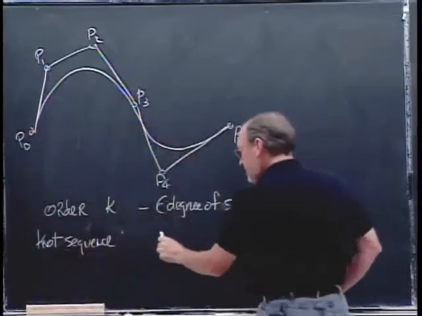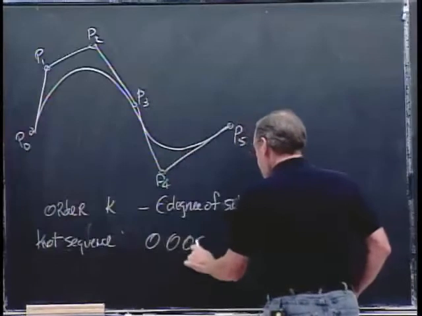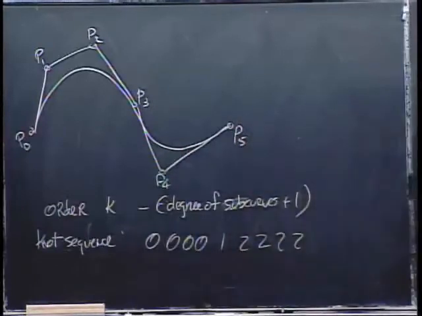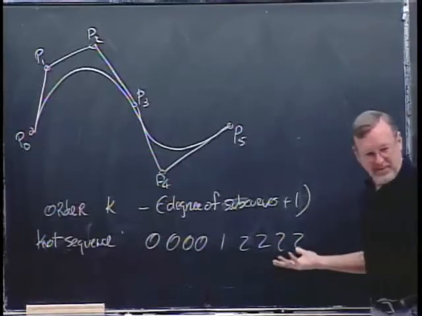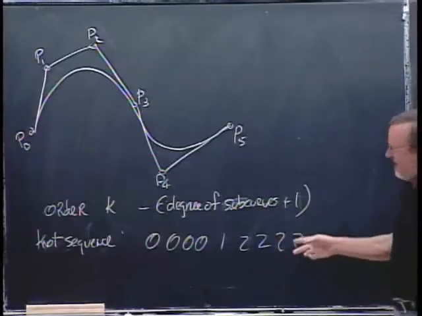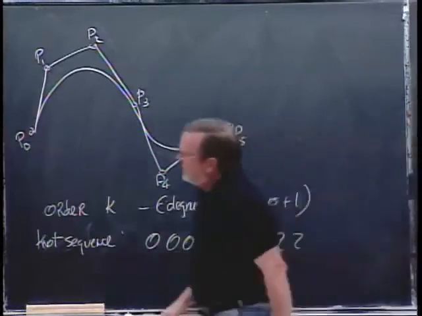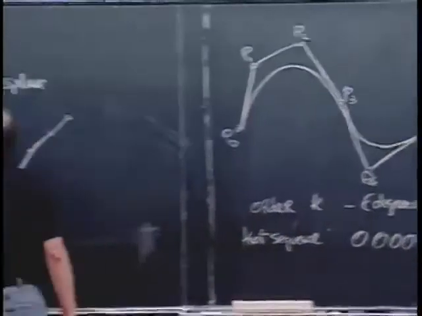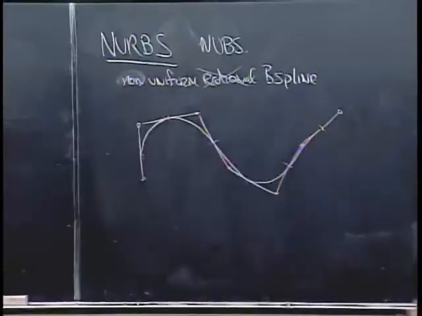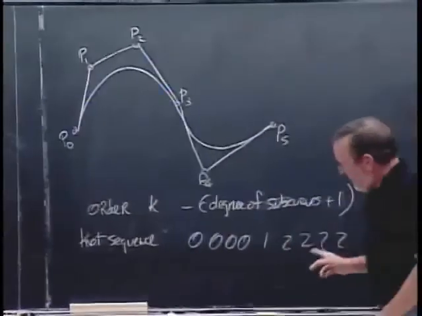And the knot sequence looks something like this. Here's a non-uniform knot sequence.